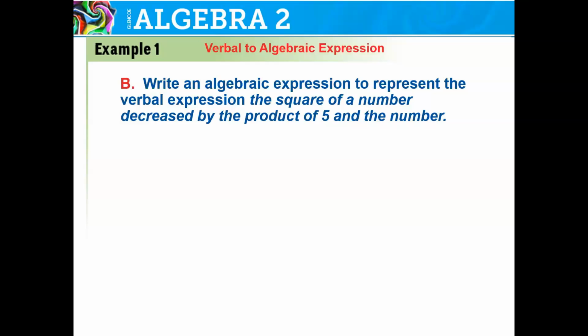So we're going to have x squared minus 5x. This takes a little bit of time to get used to. If you don't have a lot of experience, especially with word problems, stop, slow down, and try to break it into its individual pieces. The first part, square of a number, variable squared. Decreased by is your operation of subtraction, and the product of 5 and the number.